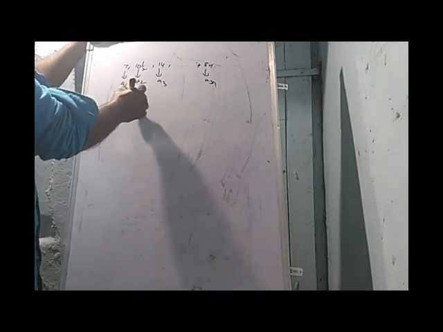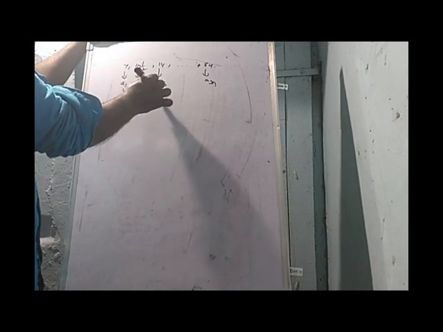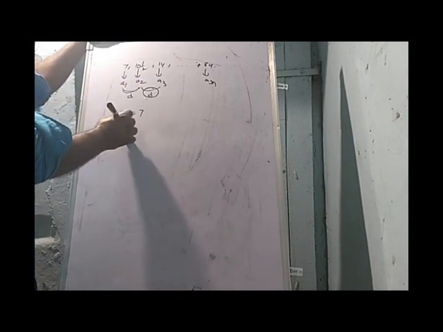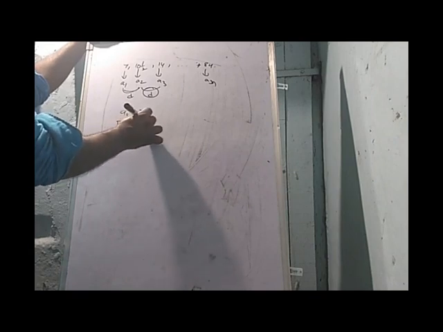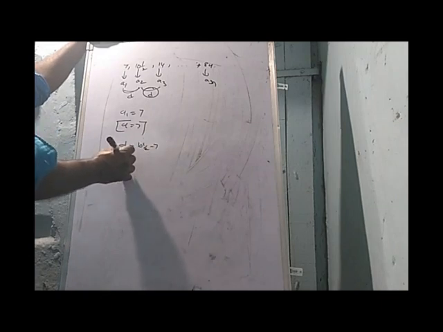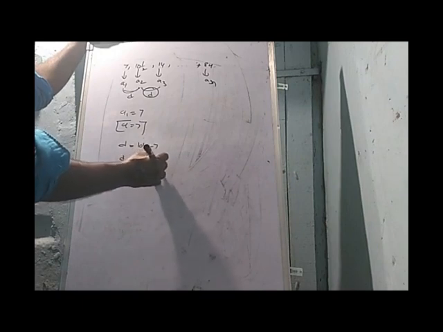Here d is the common difference. The first term a is 7, and the difference is 10 and a half minus 7, so the answer is 3 and a half, that is 7 by 2, the common difference.